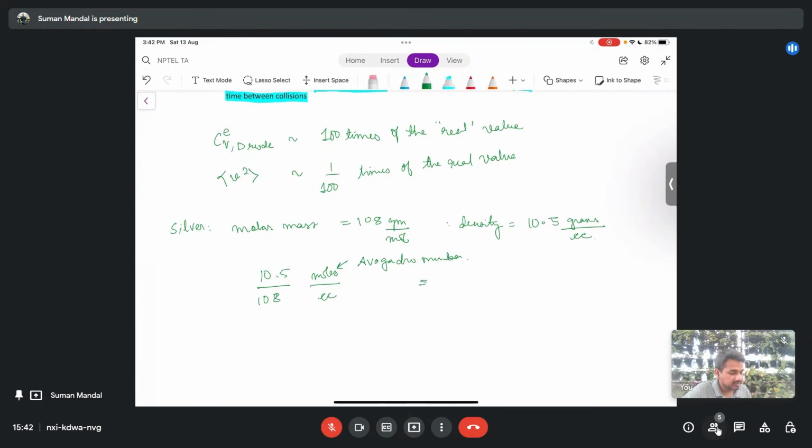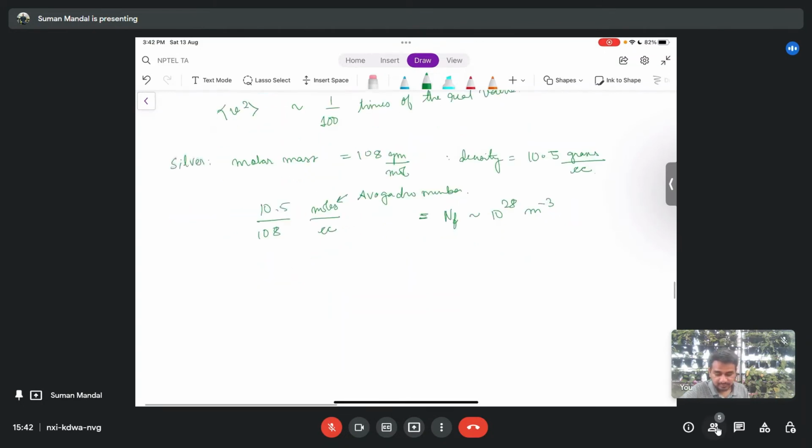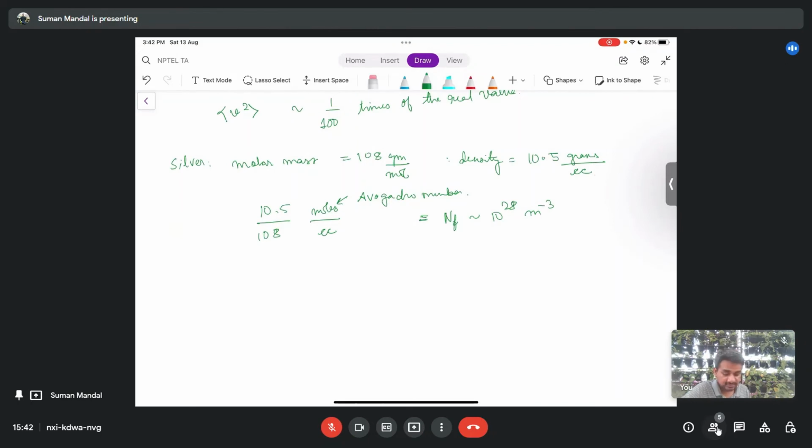If we do that calculation, we'll get the number of electrons per unit volume as approximately 10 power 28 per meter cube, which we had seen earlier. This is the value of the electrons per unit volume.